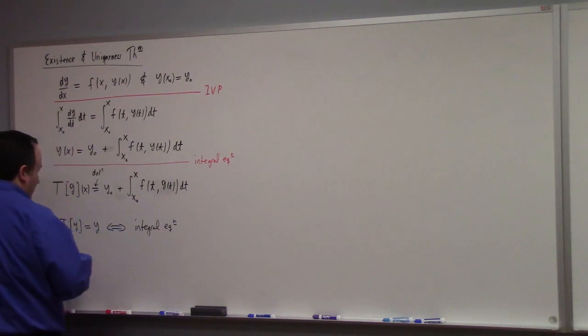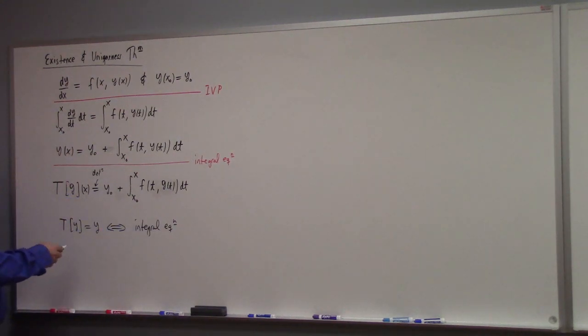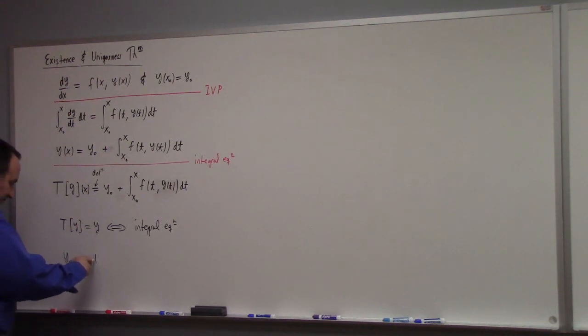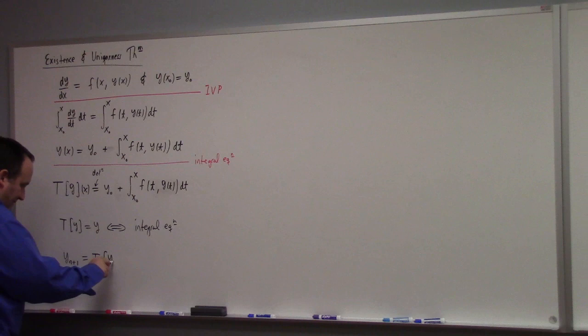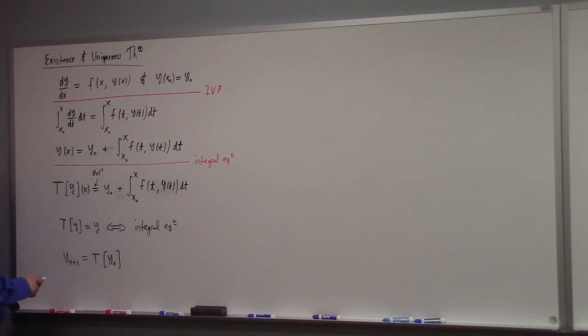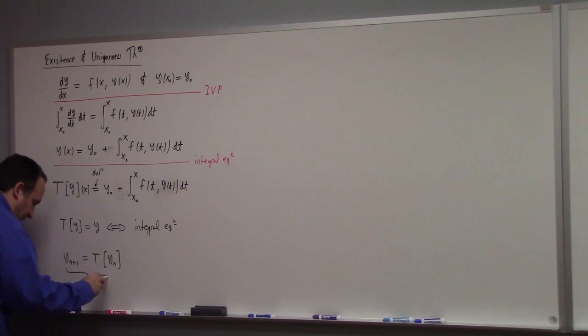Essentially the thing we defined was y_{n+1} equal to, in the current notation, T of y_n, where T was a contraction in the appropriate context. And in this context, setting up a sequence of functions like this is called the Picard iteration. So this defines the Picard iteration.